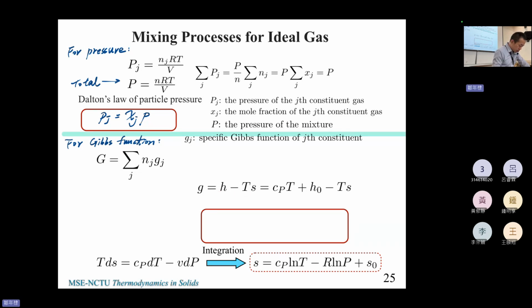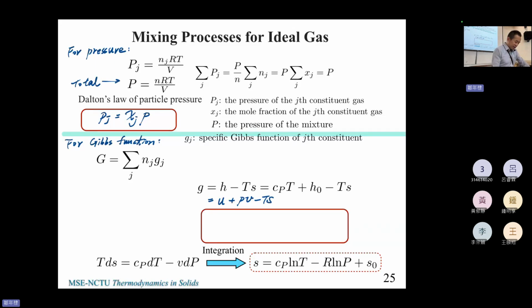G actually equals U plus PV minus TS, right? But here we are going to relate it to pressure.